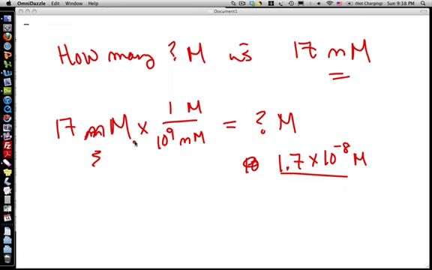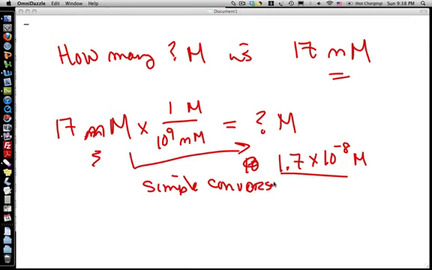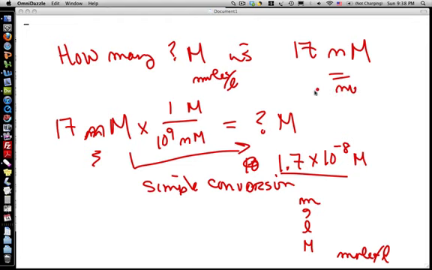The key thing is that this unit conversion is what I call the simple conversion that we've been dealing with. It doesn't matter whether it's meters, grams, liters, molar, or if we had moles per liter. So if we wanted to, we could say how many moles per liter are there in 17 nanomoles per liter.